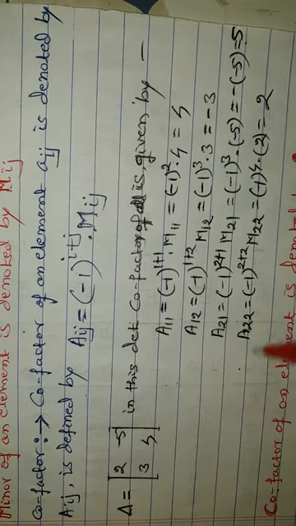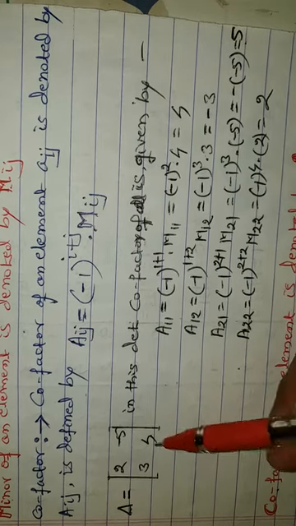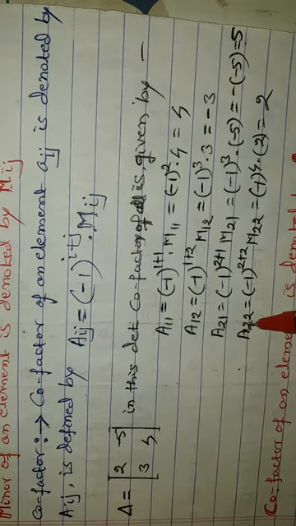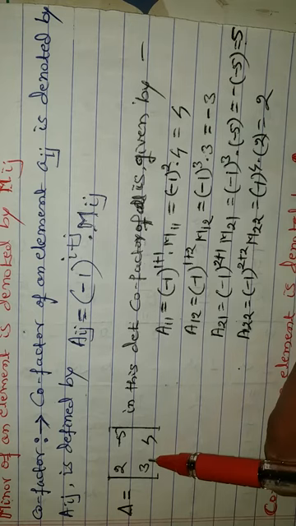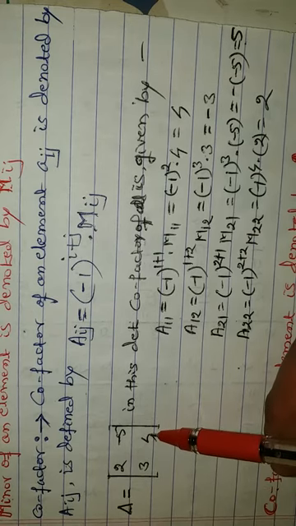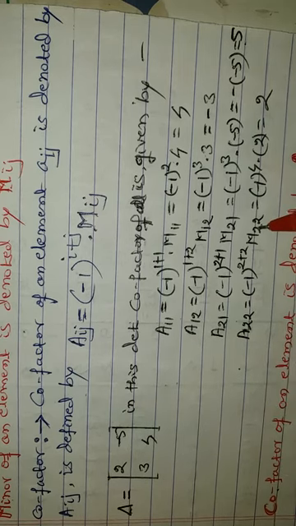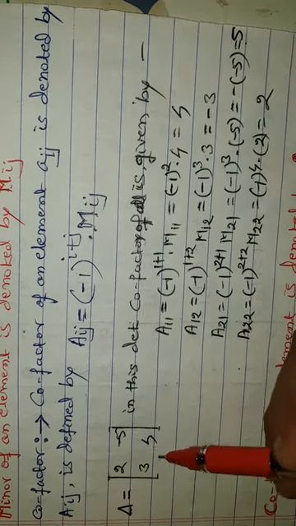Cofactor of 4 is defined as A22. A22 is the cofactor of the fourth element. Hence, A22 equals minus 1 to the power of 2 plus 2, because this element belongs to the second row, second column of the determinant, into M22.